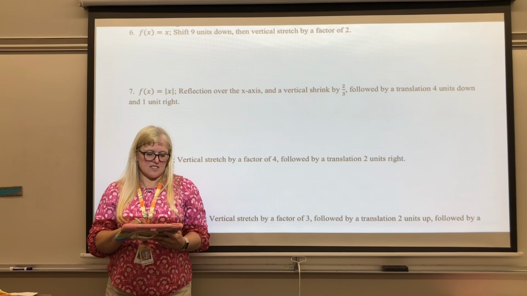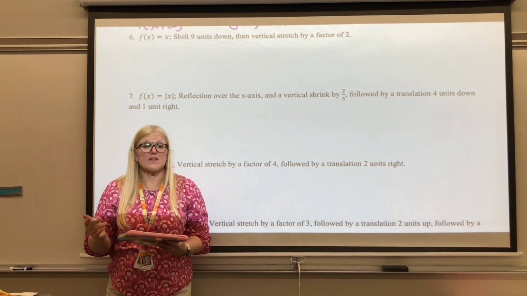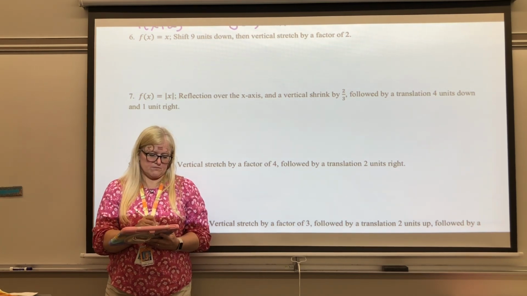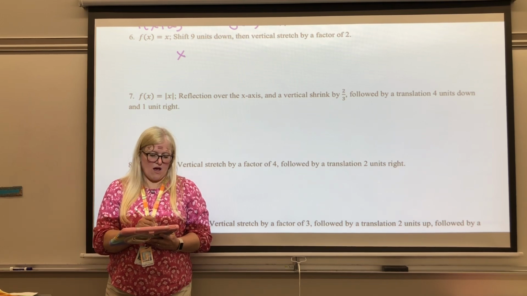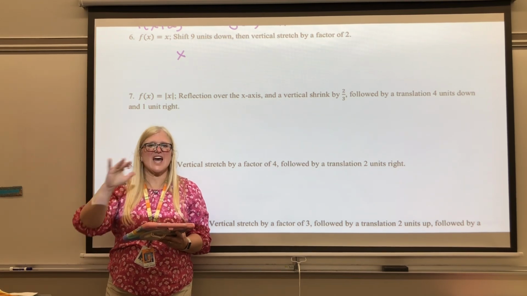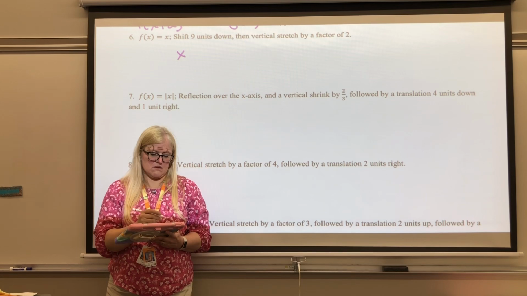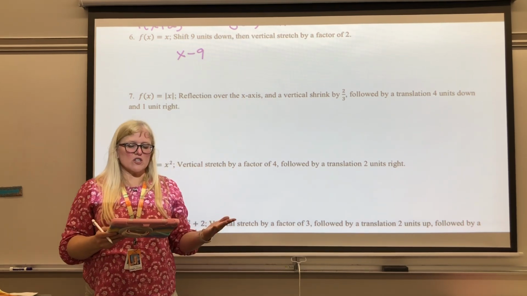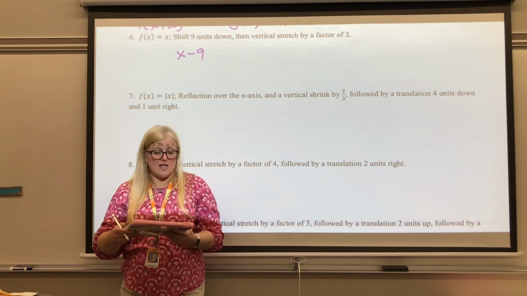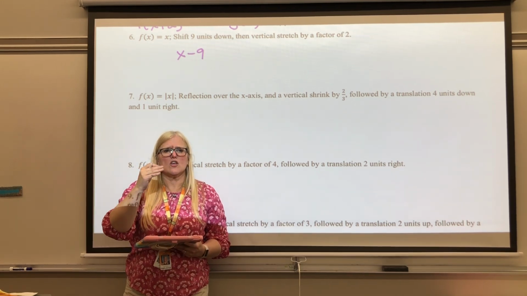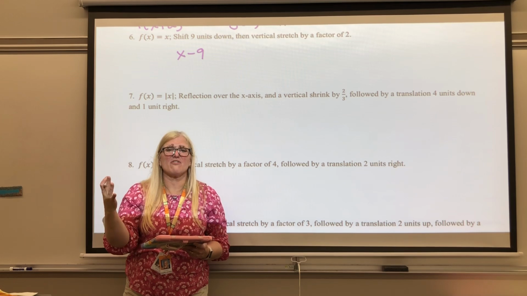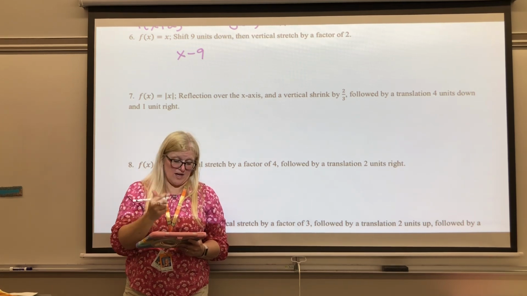Okay, number 6. We start with f of x equals x, and it says shift 9 units down. Remember that all we do with up and down is just tag it on the end. So it's minus 9. But then it says a vertical stretch by a factor of 2. Now remember that when you are doing a stretch or shrink, you are multiplying the entire function by that stretch or shrink.